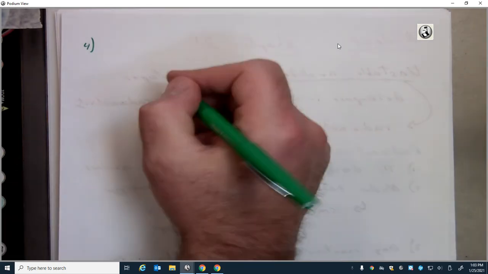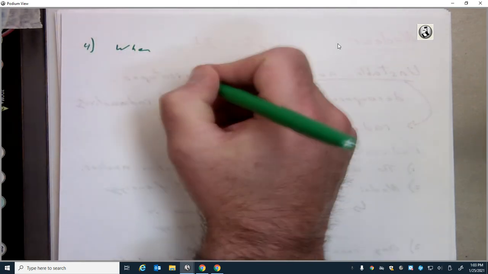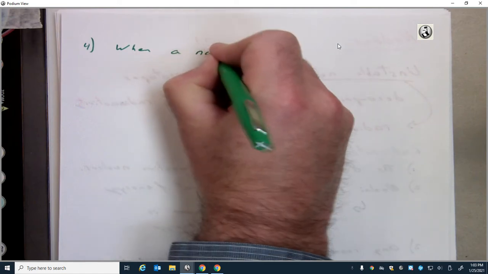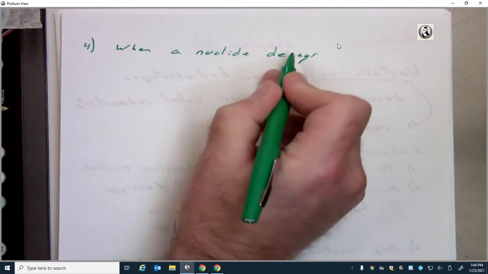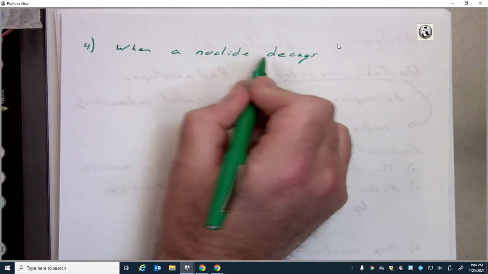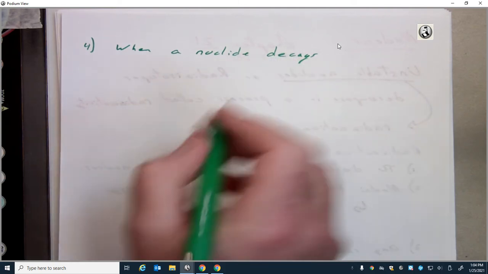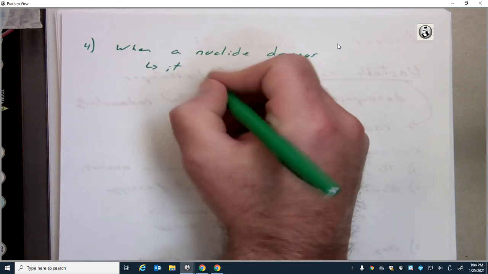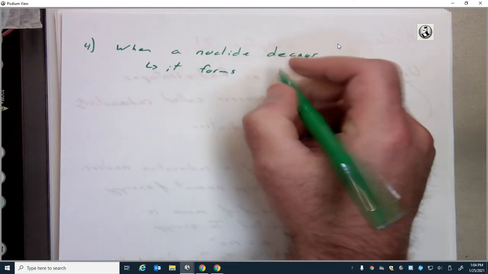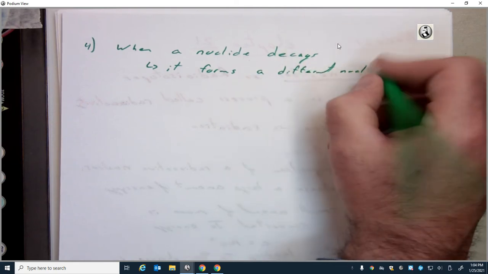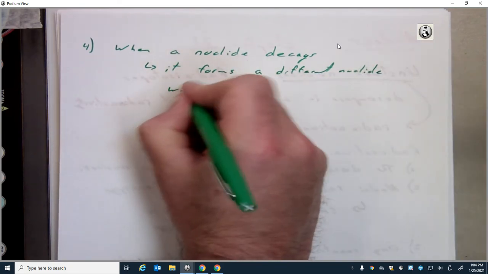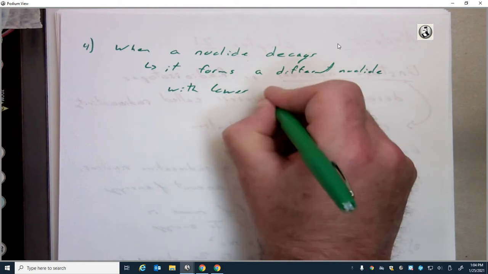Number 4. When a nuclide decays, in other words, when it decomposes by a nuclear reaction, it forms a different nuclide with lower energy.